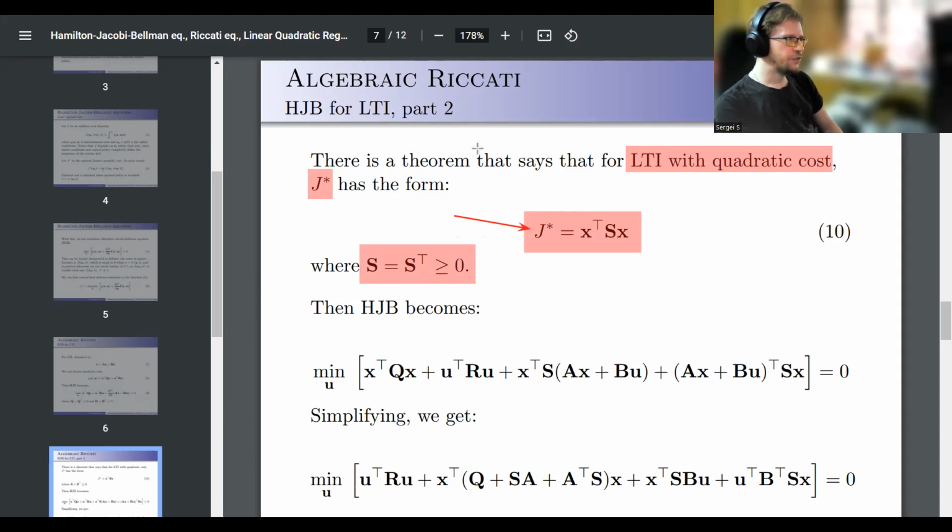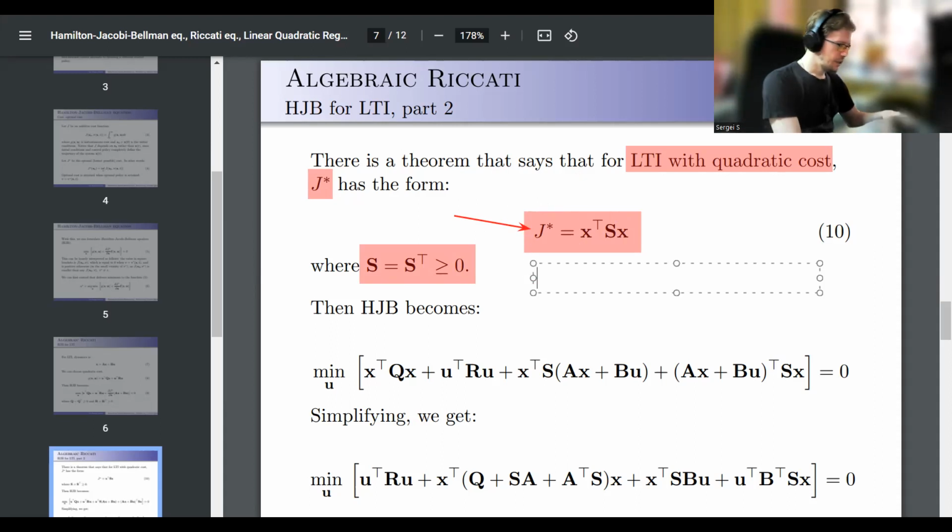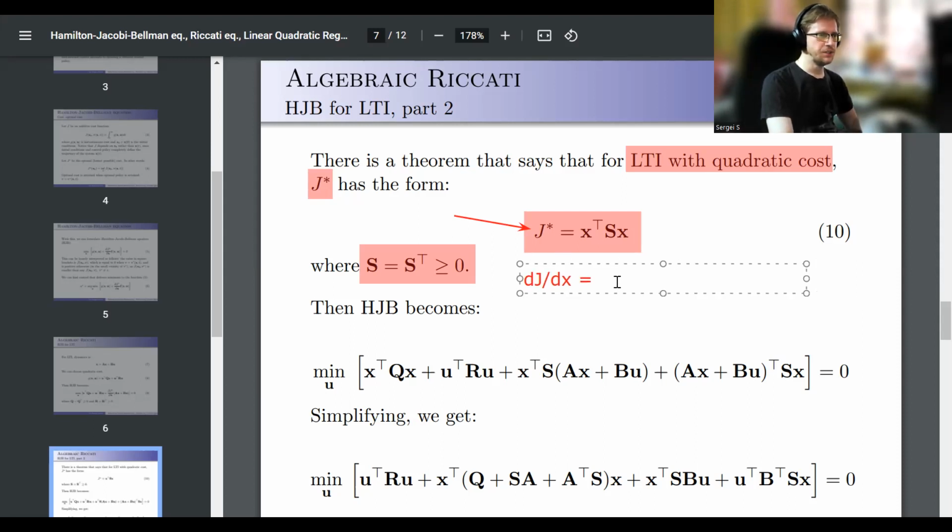Or the partial derivative of this function with respect to X would be, let me write it out, dJ/dX. And we are talking about partial derivative, not full derivative. I don't have a partial symbol on my keyboard, so I apologize.